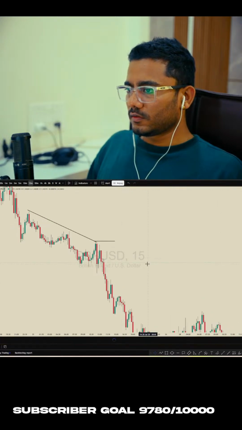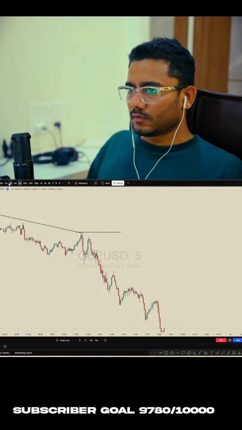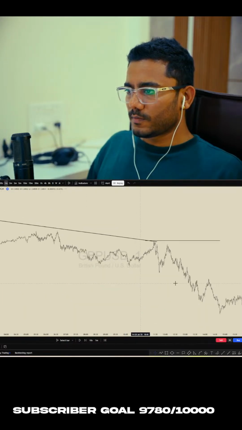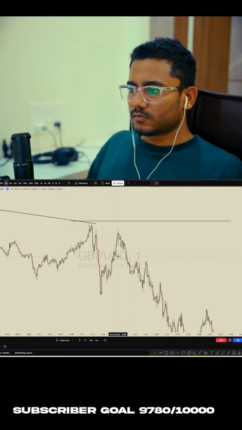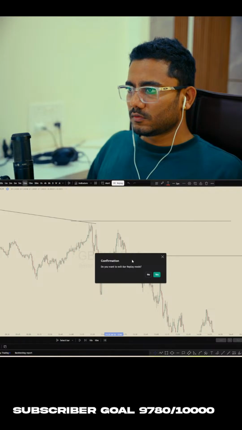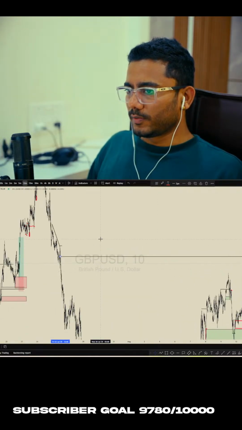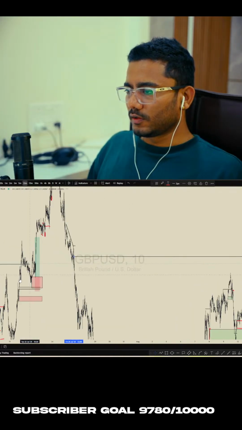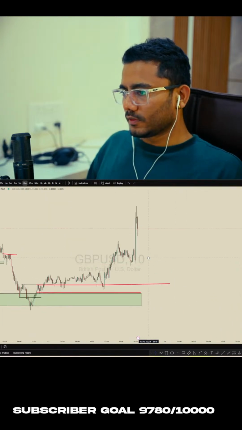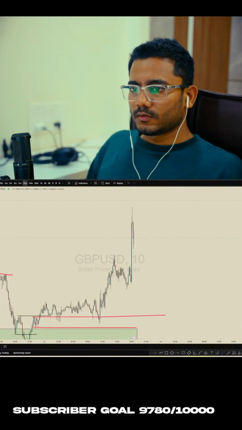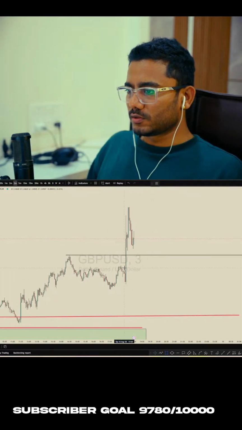Yeah, I think let's find out. 5 minutes. Okay, price tap this area. Okay, so it has already broke this order block. So I think it should continue to the upside. We have this breakout structure. We have this order block which broke the structure.